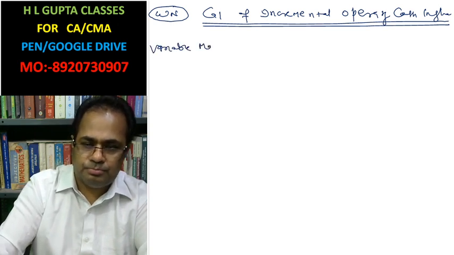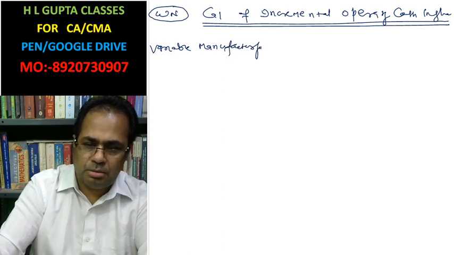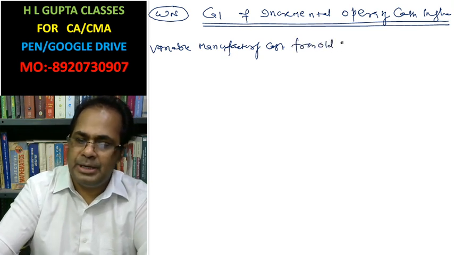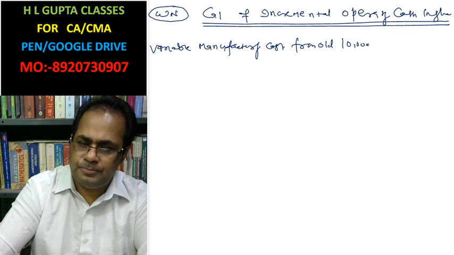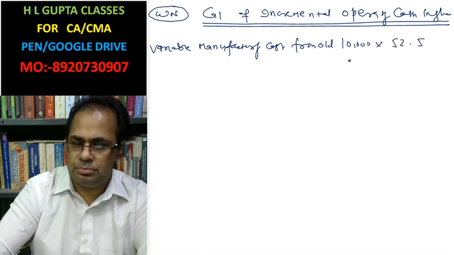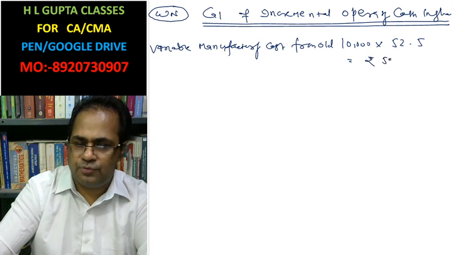Variable manufacturing cost from old: this is 10,000 into 52.5 rupees, 5,25,000.